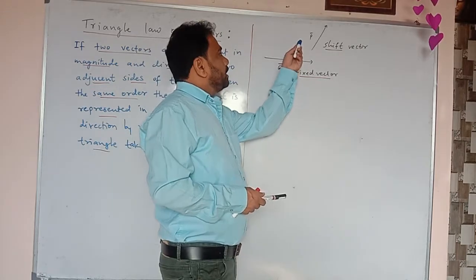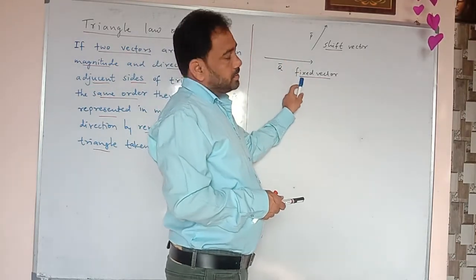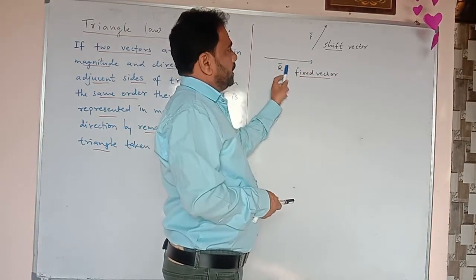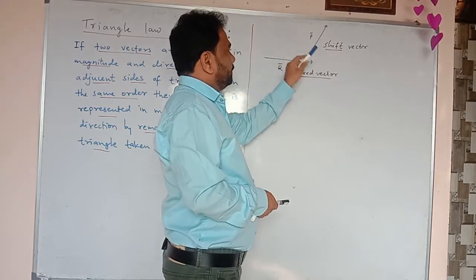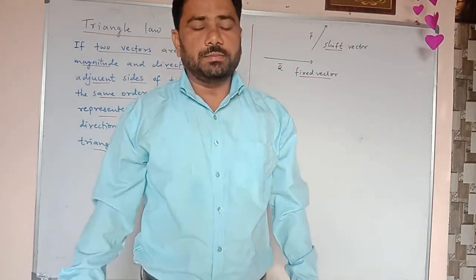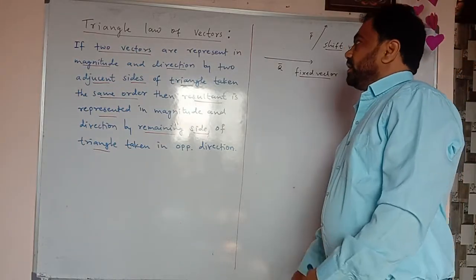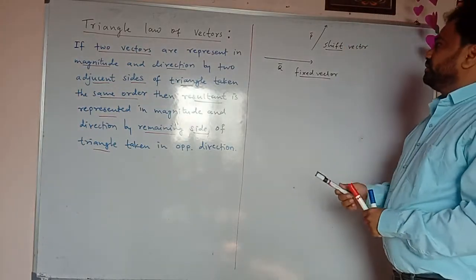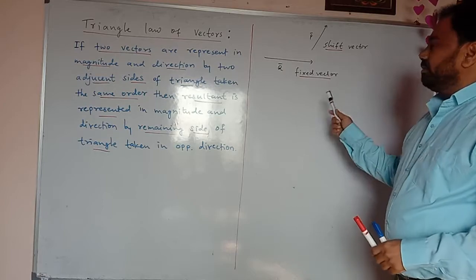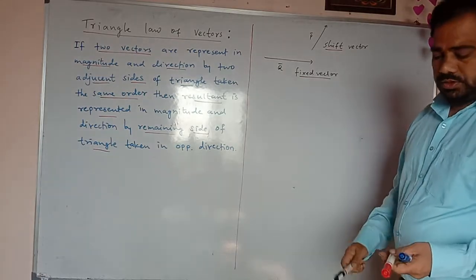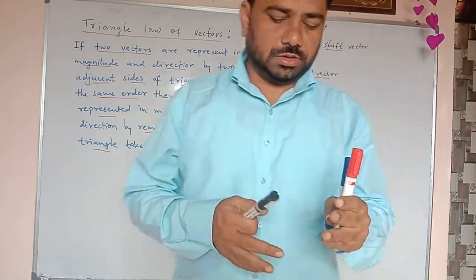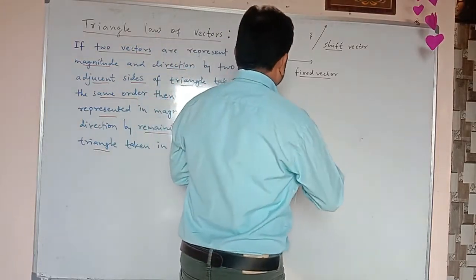So if two vectors are given to us, the fixed vector is vector q and the shift vector is vector p, then how can we apply the triangle law of vector addition using this statement? Just put the fixed vector as it is.